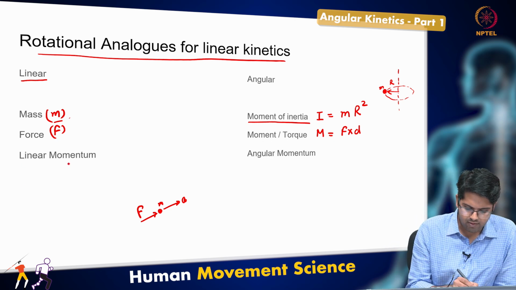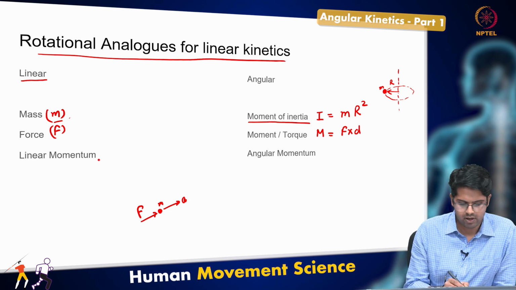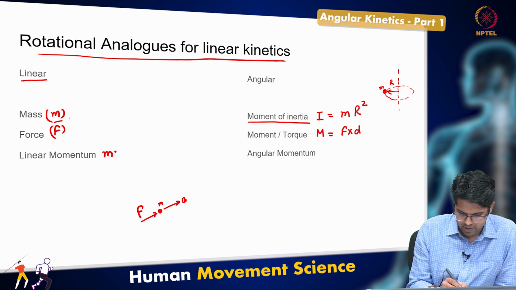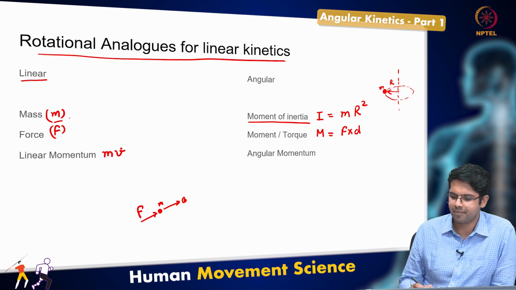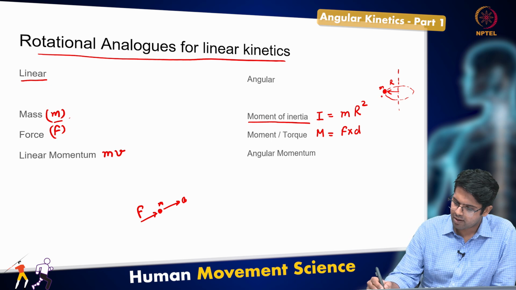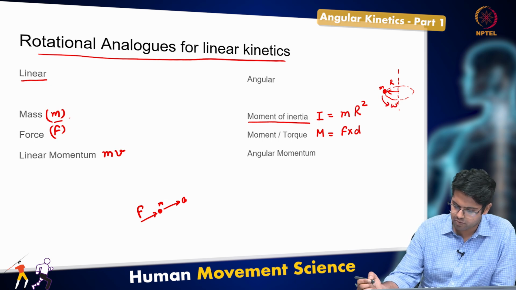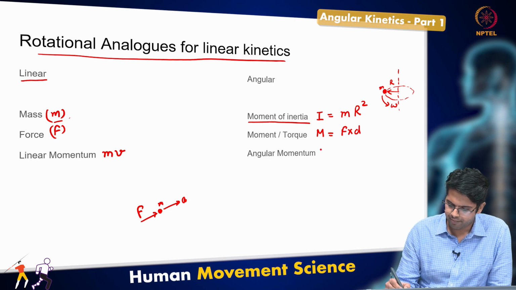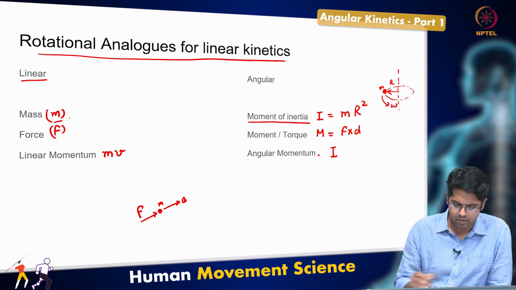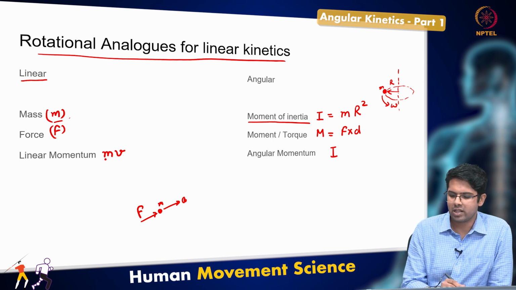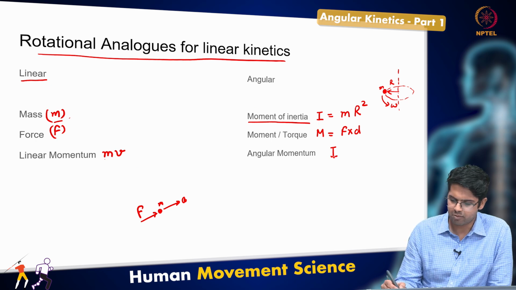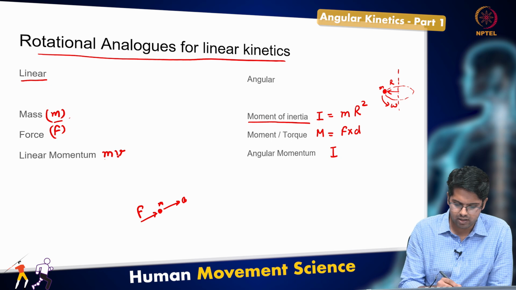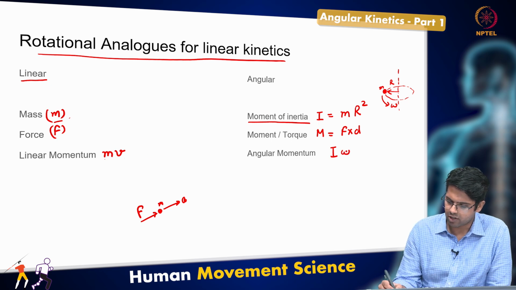And just like we have linear momentum, m times v, a rotating object, let's say rotating with a speed of omega, has angular momentum. Replace the mass with the analog in the rotational system, which is the moment of inertia, and the linear velocity with the angular velocity.